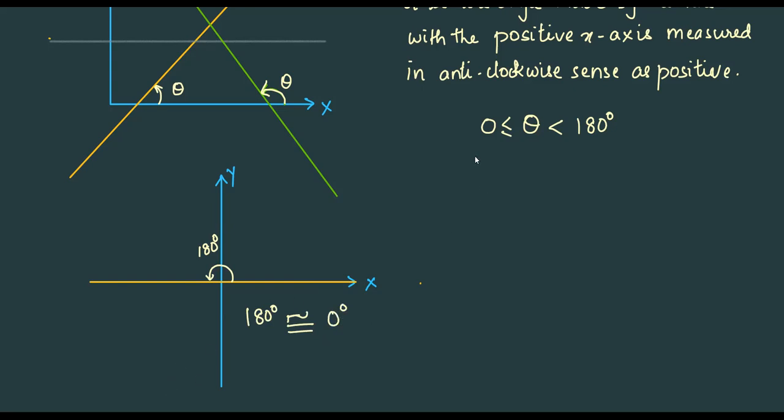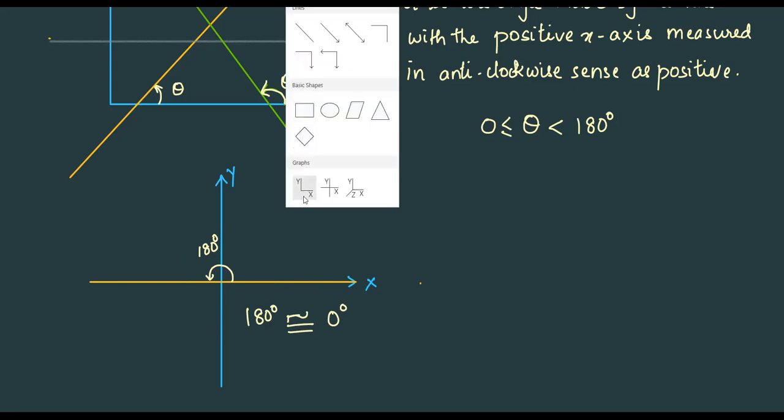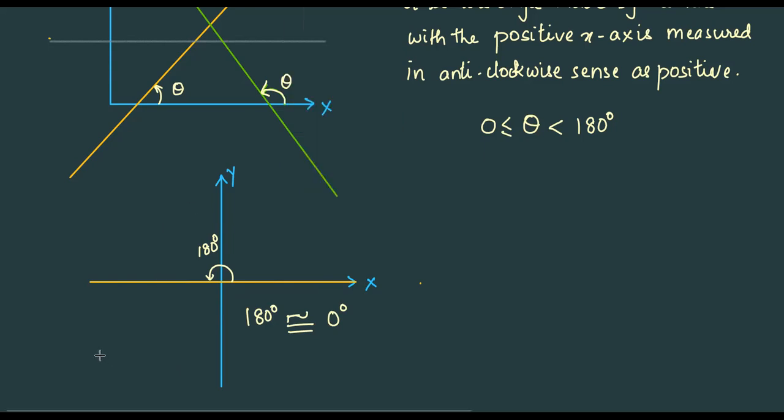Understand? Therefore, after 180, let's say you go further and cross 180. So 180 plus 30, let's say this is 210. This particular angle is 180, and this particular angle is say 220.